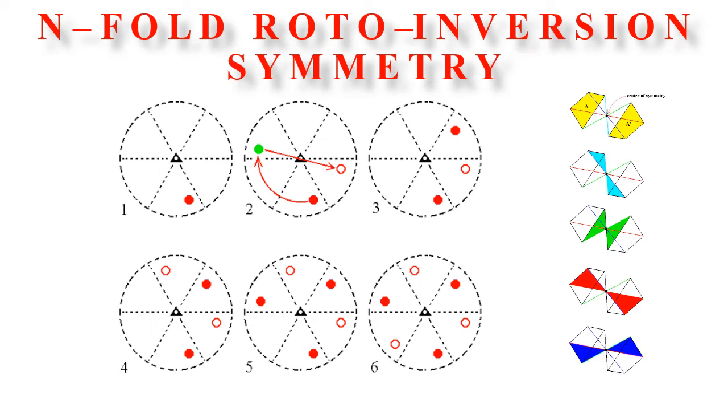This may be any n-fold symmetry followed by an inversion. For example, 2-fold symmetry followed by inversion, 3-fold symmetry followed by inversion, 4-fold symmetry followed by inversion, or 6-fold symmetry followed by an inversion.